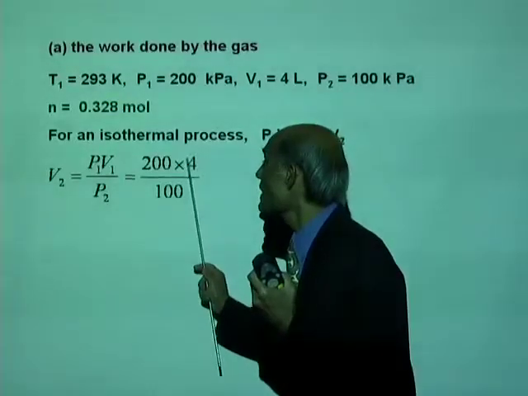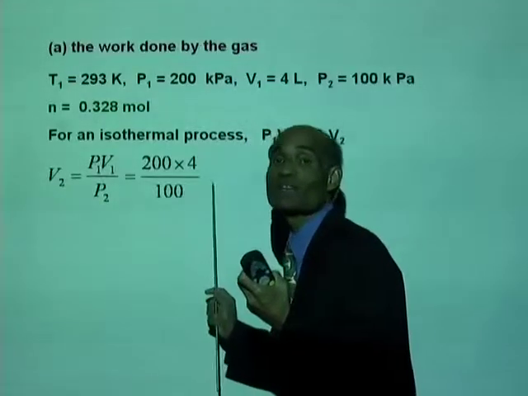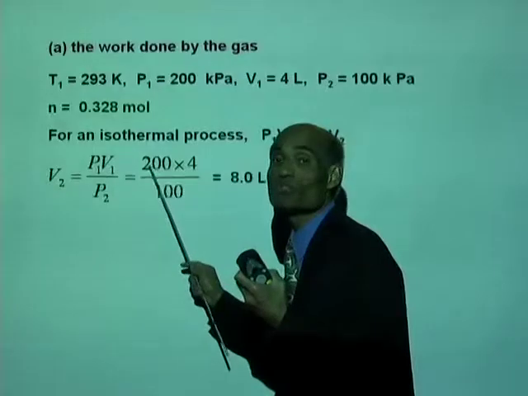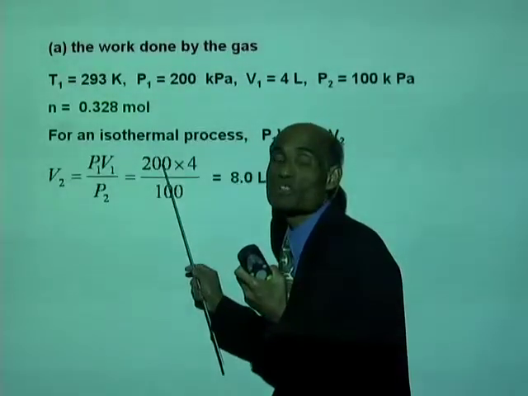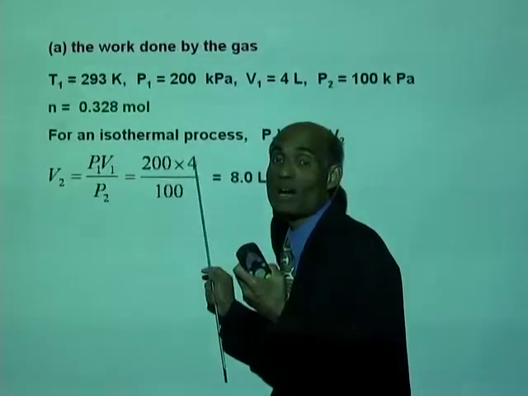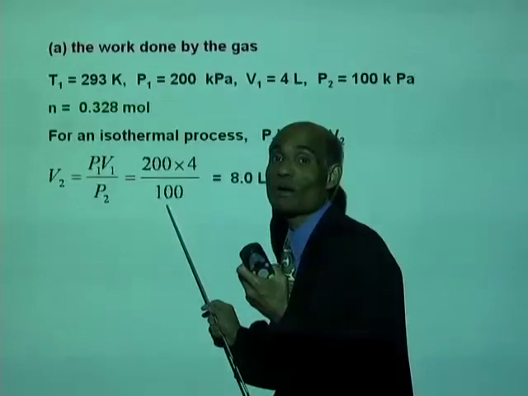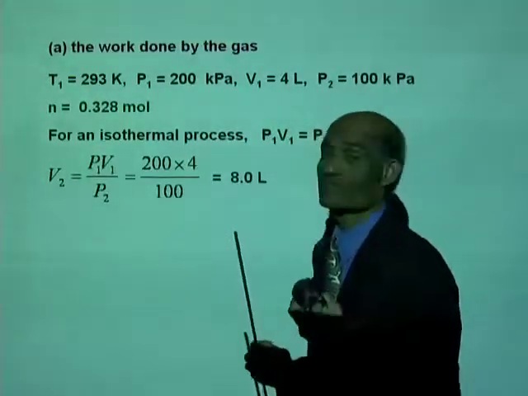I left V1 in liters so that I will get V2 also in liters. I hope you understand why I did not write any units there. This is 200 kilopascals times 4 liters divided by 100 kilopascals. So that gives me V2 equal to 8 liters.